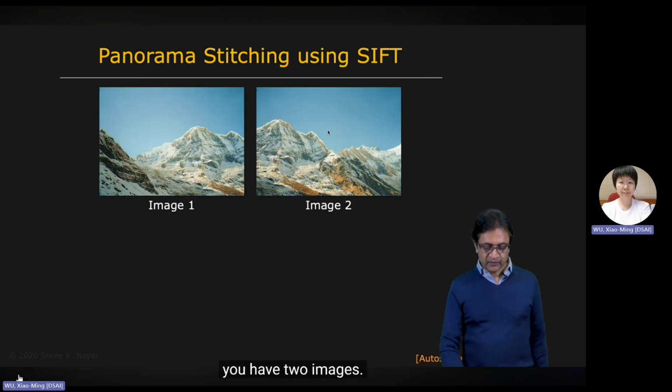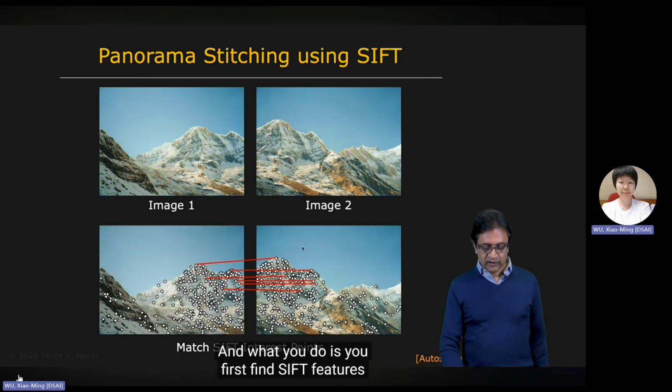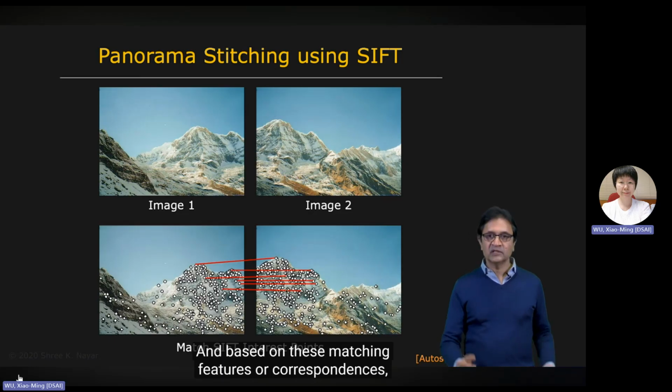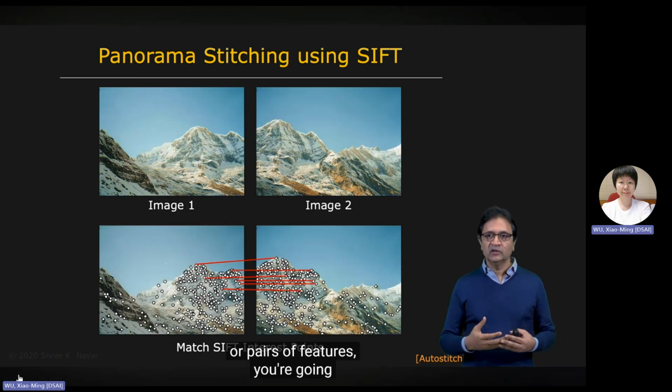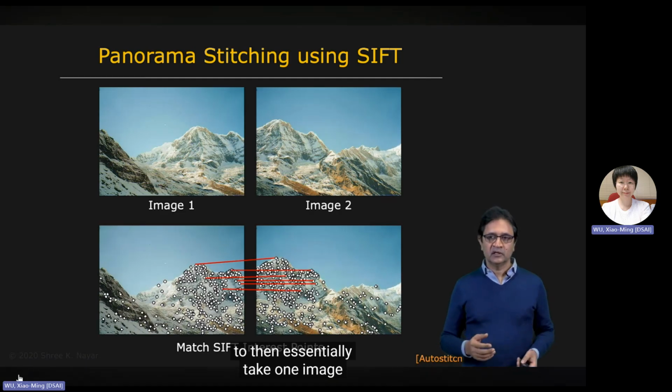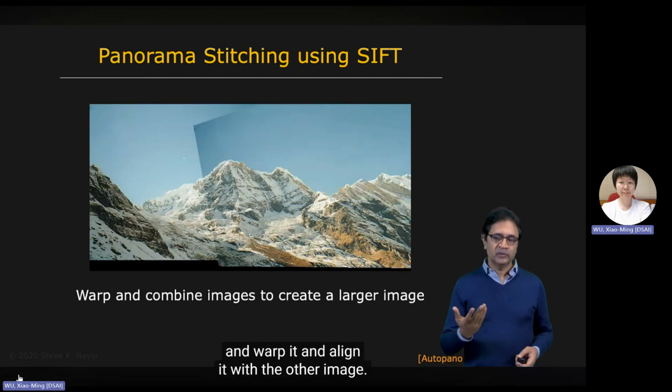You have two images, and what you do is you first find SIFT features in both images. And then you use the descriptors to match features, and you see that these ones match right here. And based on these matching features, or correspondences of pairs of features, you're going to then essentially take one image and warp it and align it with the other image.